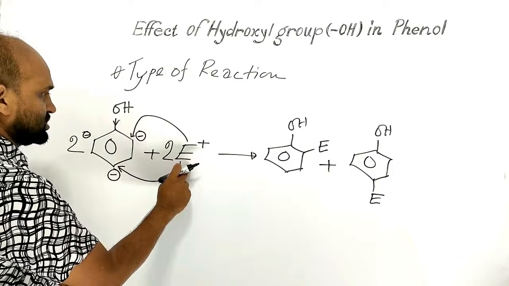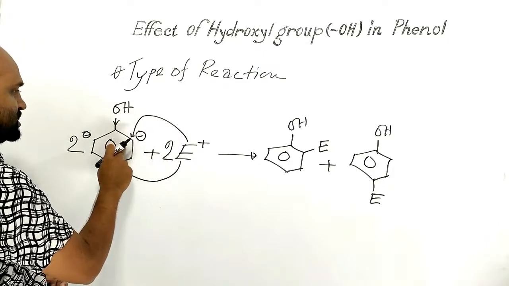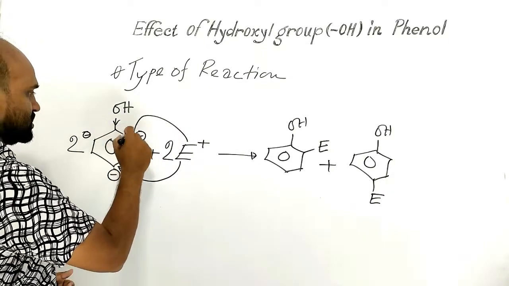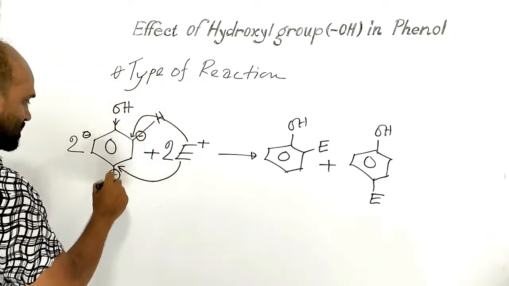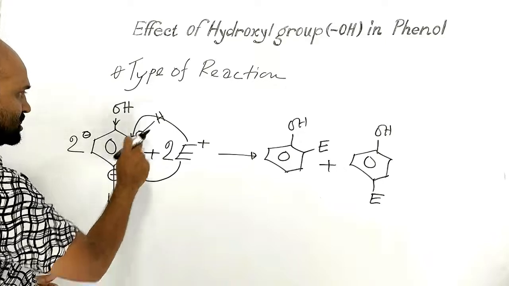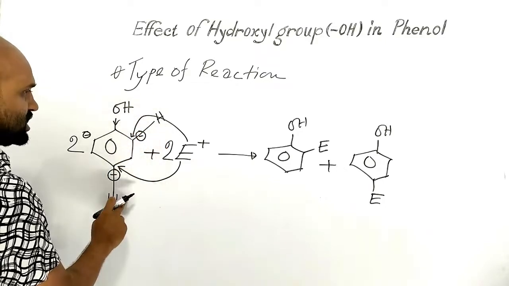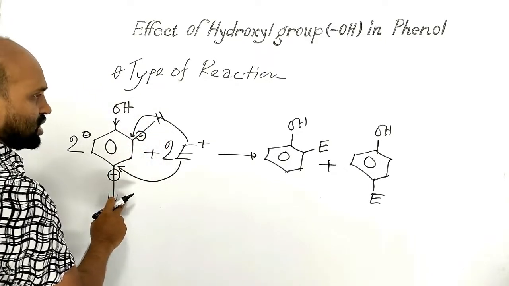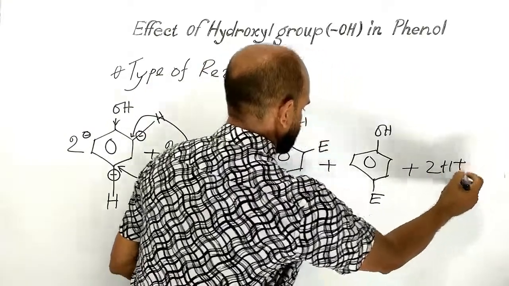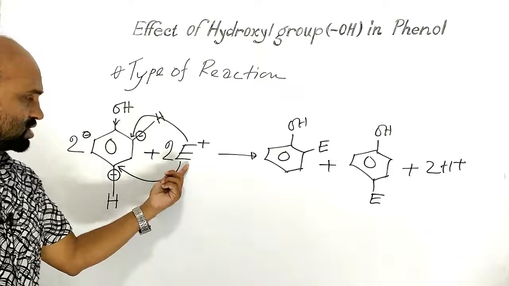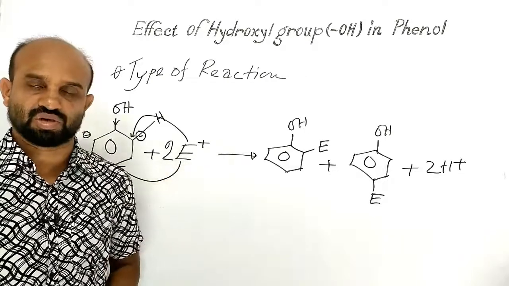Two electrophiles combine with benzene ring. At the same time, from ortho position hydrogen and from para position another hydrogen, two hydrogen atoms go out as electrophiles. That is, electrophilic substitution occurs.